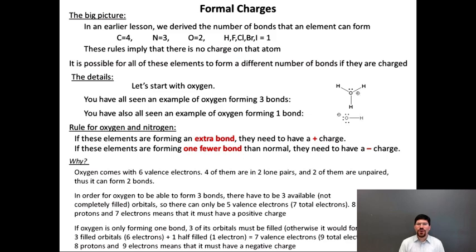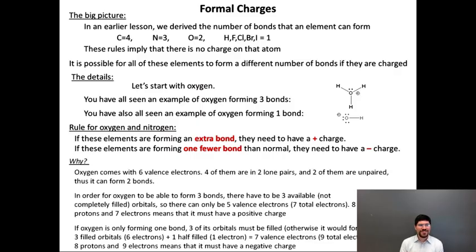If oxygen is forming only 1 bond, that means 3 of its orbitals must be filled. If it had 2 available orbitals, it would form 2 bonds. Oxygen would like to be neutral and would be happiest if it could form 2 bonds. But if there are more electrons around it, such that 3 of its orbitals are completely filled, that's 6 electrons.